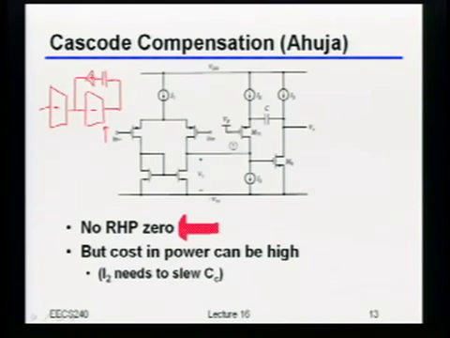Okay? And the reason is, it turns out this actually costs you quite a bit of power. So the way to see that is actually sort of fairly straightforward. And by the way, the reason it actually ends up costing you power is largely having to do with the fact that essentially this current right here, if you hit this amplifier really hard, has to slew the Miller capacitance. Okay?